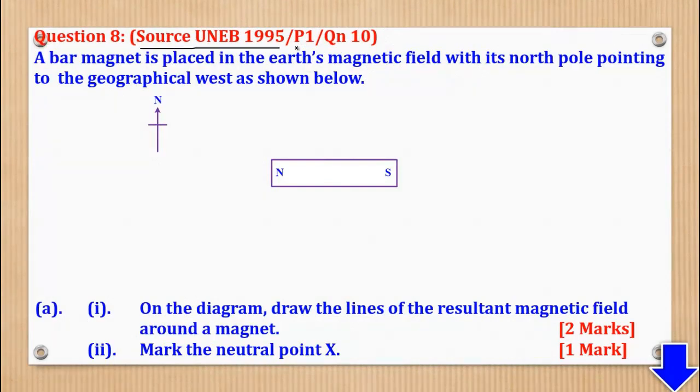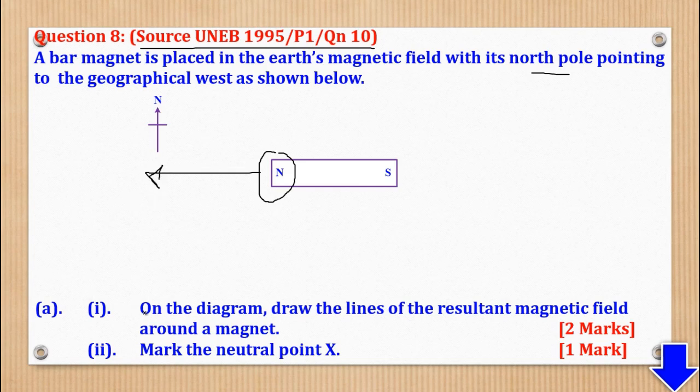Question 8 came from UNEB 1995 paper 1 question 10, and says that a bar magnet is placed in the Earth's magnetic field with its north pole pointing in the geographical west as shown below. So this is the north pole of the magnet and is pointing in the geographical west.